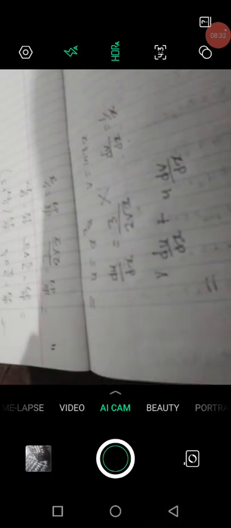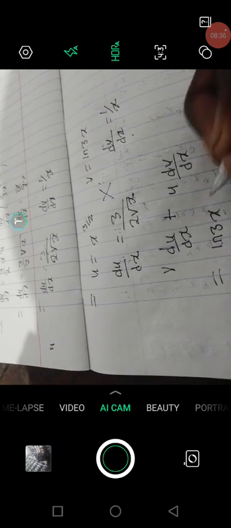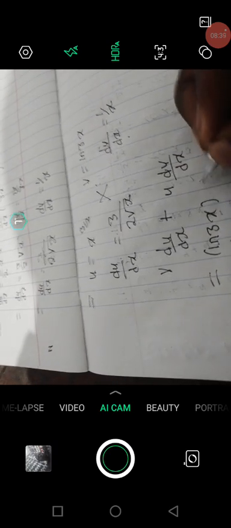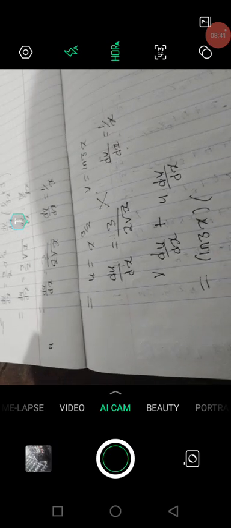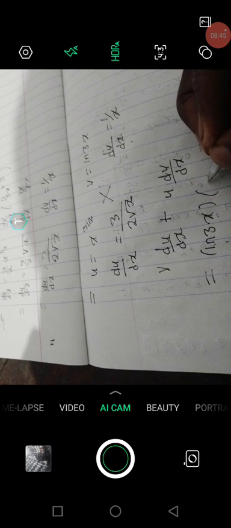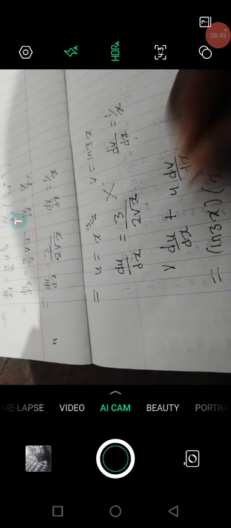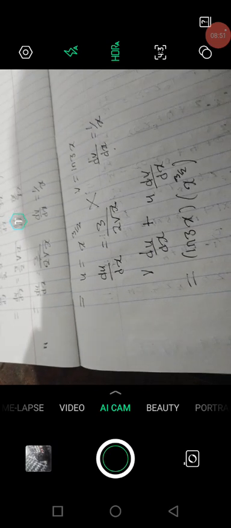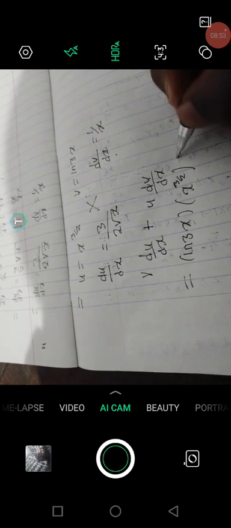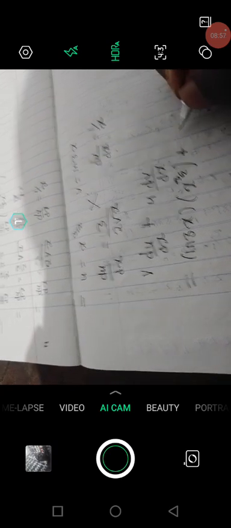What is our v? It is ln of 3x, put it into brackets. What is our du over dx? Here the same applies, it's x to the power 3 over 2, and the differentiation is positive.